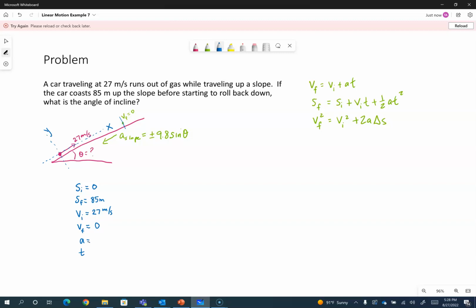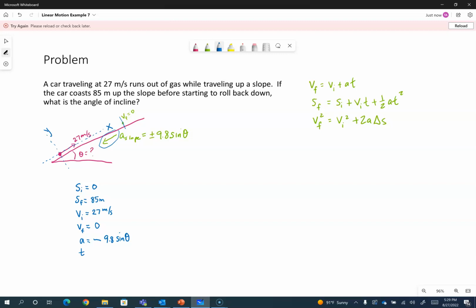In this coordinate system I've chosen, this acceleration is in the negative direction, and it's the 9.8 sine theta. Now granted, I don't know theta, but that is what I'm looking for. So I'm just going to write out what I do know of it: negative, because I know it points in the negative direction, and then 9.8 sine theta.